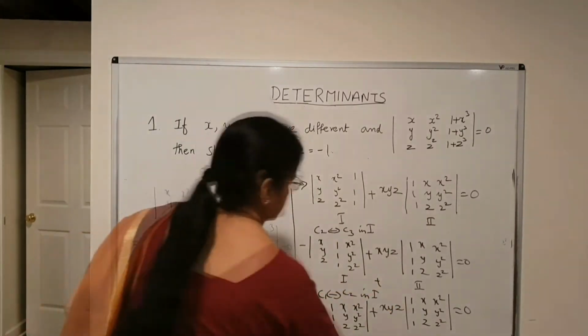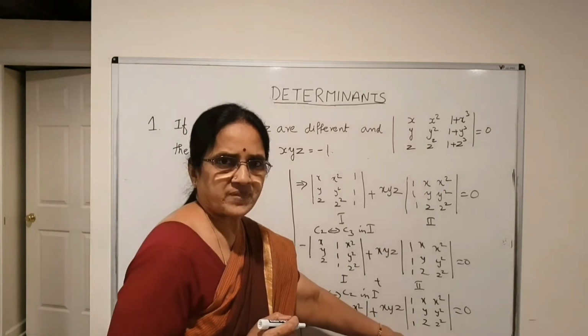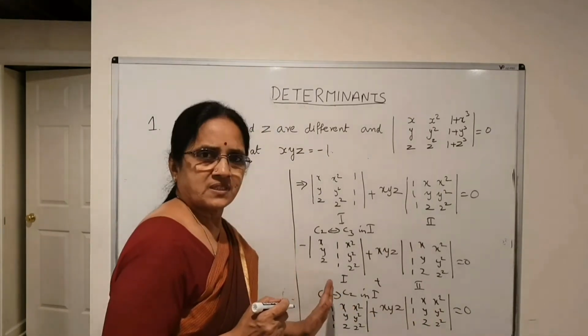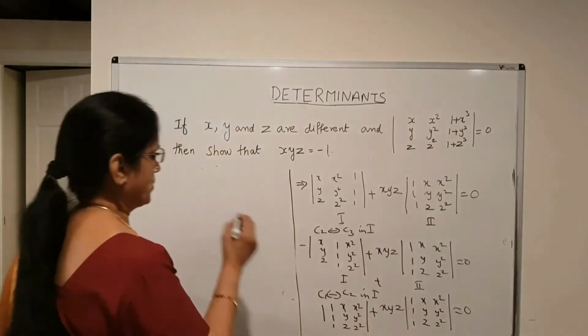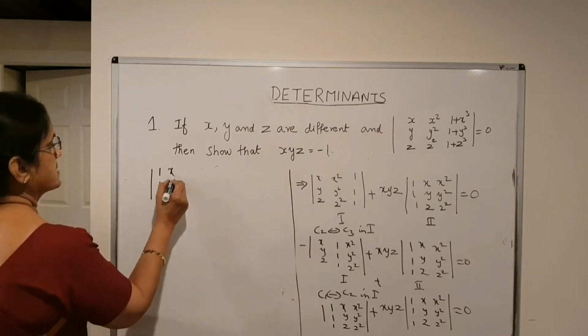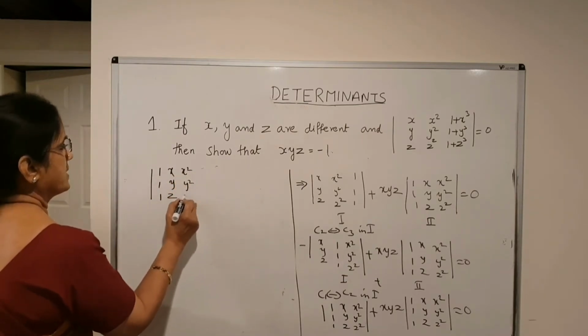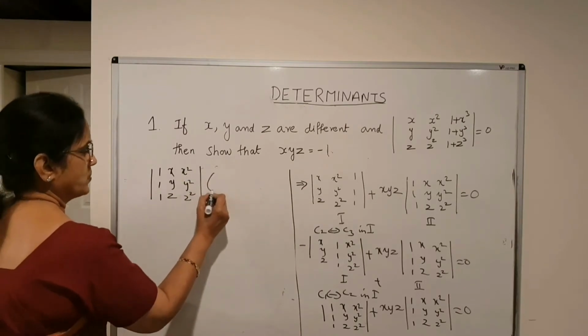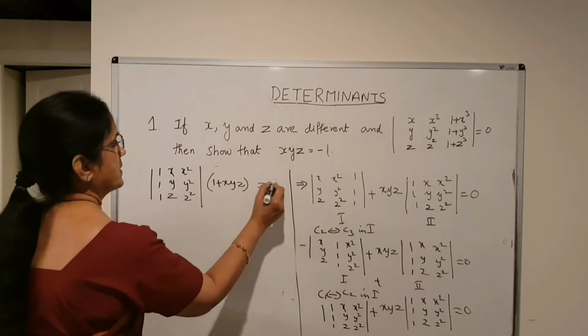Now, these two determinants are one and the same. So let me take it out. Inside I will be having 1 plus xyz. So, the determinant |1, x, x square; 1, y, y square; 1, z, z square| into (1 plus xyz) equals 0.